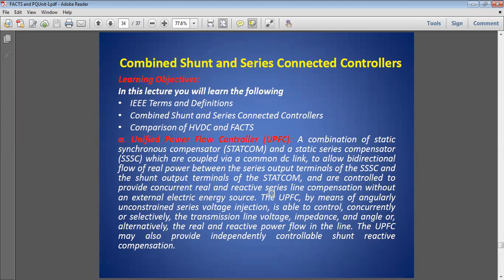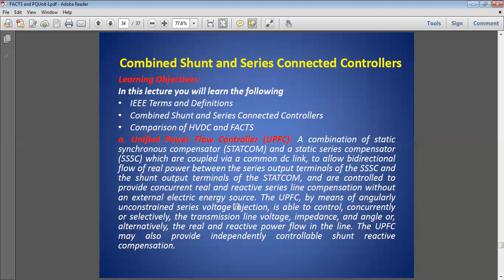So with the help of this coordinated, unified control, it is possible to control the active power also, and they are controlled to provide a real and reactive series line compensation without an external energy source. This is possible, without the help of some storage system.